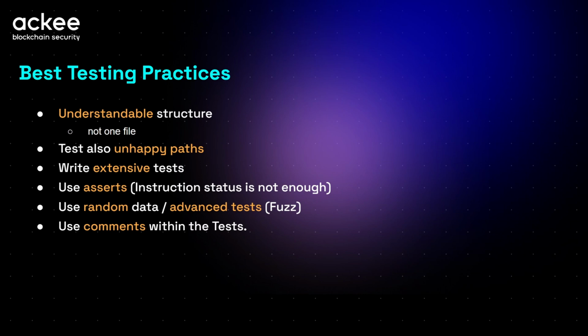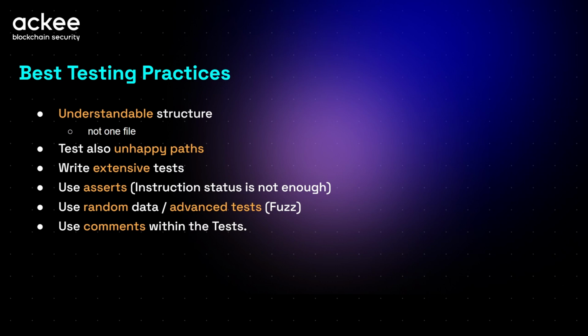But the understandable structure is, from my side as an auditor, really important from multiple points of view. Firstly, from the auditor's perspective, it definitely increases the readability of tests. Imagine you are going to audit something and you just received the source code, or let's say the Anchor workspace, and you see a test file with, let's say, 2000 lines of code.